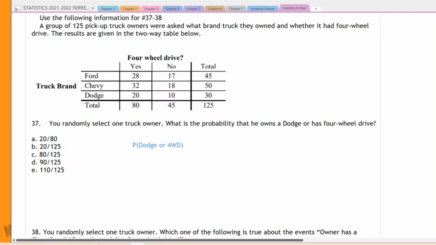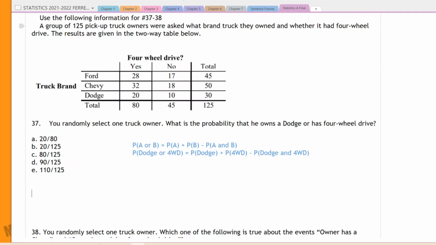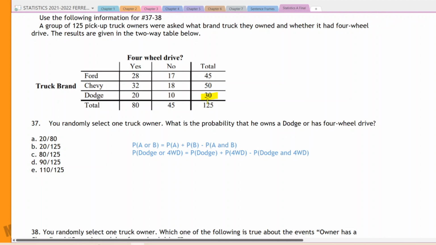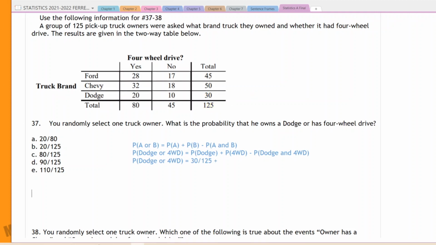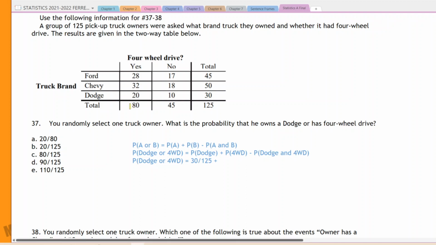Okay, we can go with our formula here. This probability of Dodge or four-wheel drive, that's the probability of a Dodge plus the probability of a four-wheel drive minus the probability of a Dodge and a four-wheel drive. So let's get those numbers. The probability that they have a Dodge would be 30 out of 125. Now the probability that a randomly selected person has four-wheel drive is 80 out of 125.